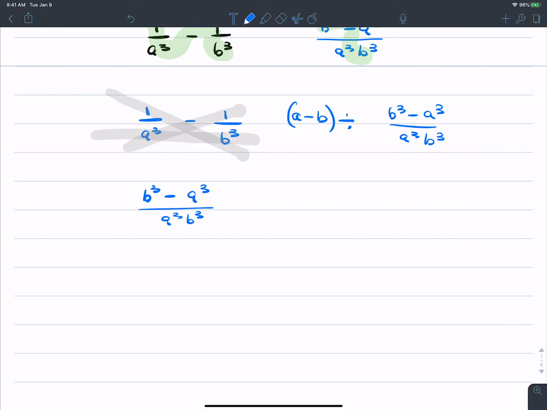This is in parentheses. And you have a minus b in parentheses here times now a cubed b cubed over b cubed minus a cubed.